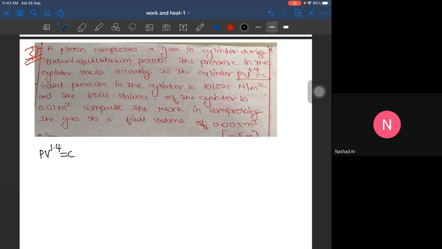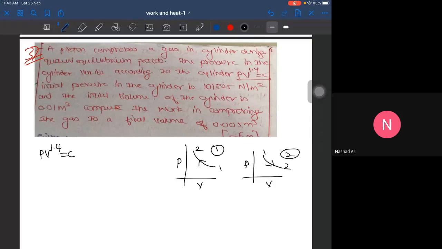So it's a compression process. How would the process look in the compression process? Which one should I take? 1 to 2 like this, or 1 to 2 like this. Which one should I take, the first one or the second one, for the compression process?